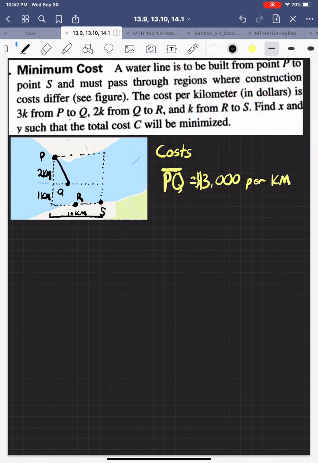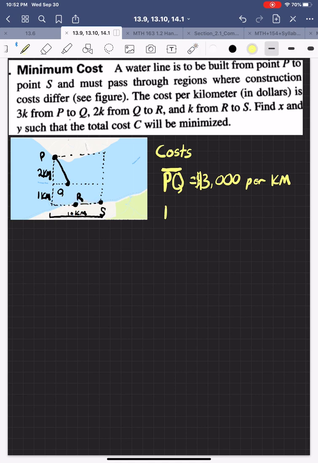So P to Q. Now, once you are at Q, you're going to incur a different set of construction costs over the next region. Wherever you land in this region, any construction is going to be $2,000 per kilometer. You have to go through this region, and you have to stop somewhere. We'll call this point where you stop R. Again, R can be anywhere here.